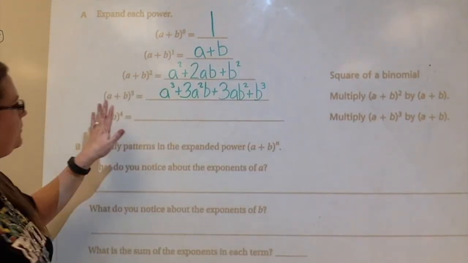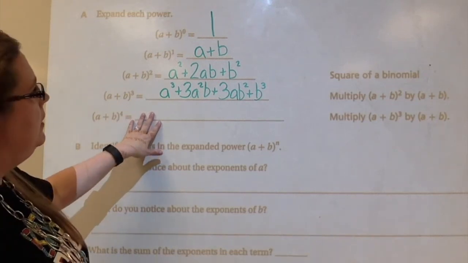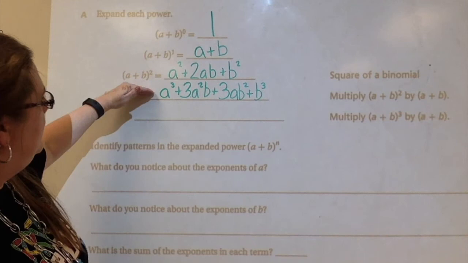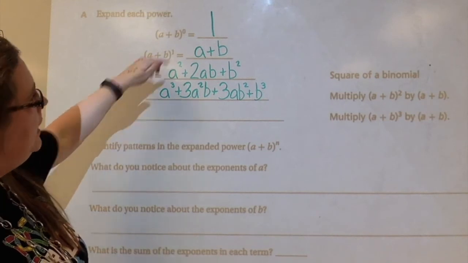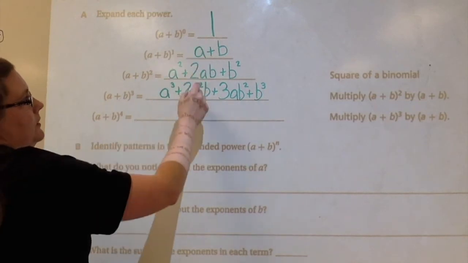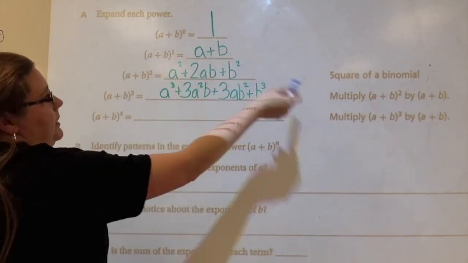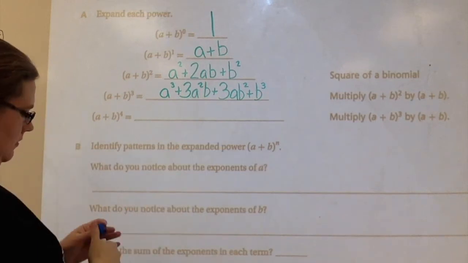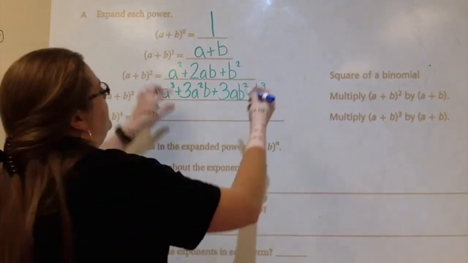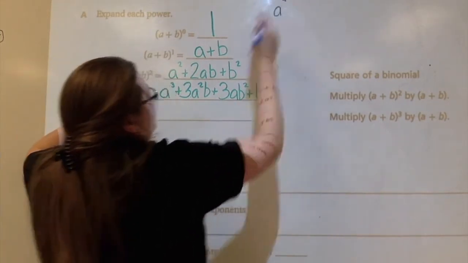All right. To do a plus b to the 4th, and this is the last one of this example that we're going to do, it gives you a tip to multiply a plus b quantity cubed by a plus b. So again, we'll multiply every piece times the a, and then we'll multiply every piece times the b, and we'll combine our like terms. So a times a cubed is a to the 4th.